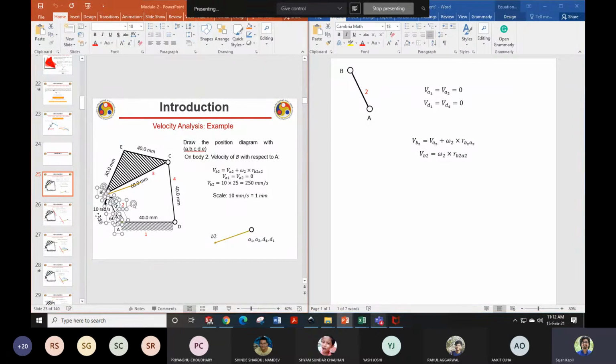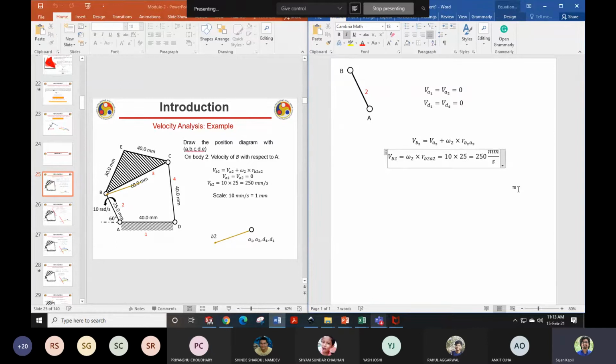How much is omega 2? 10 radians per second. So the magnitude will be 10 times the length 25, and hence 250 mm per second. So this is the magnitude.